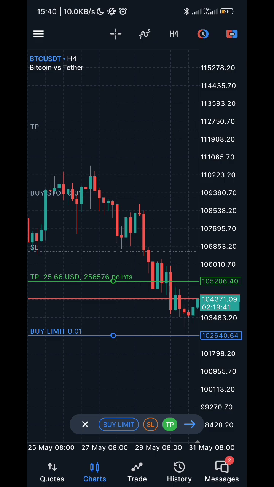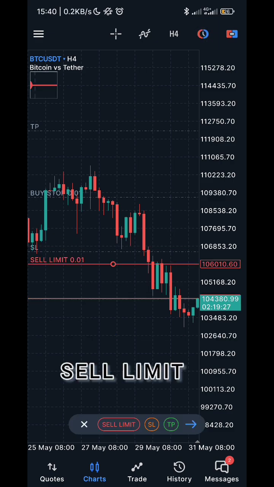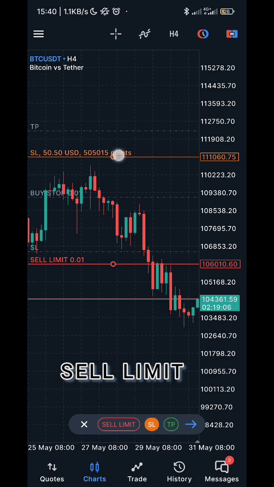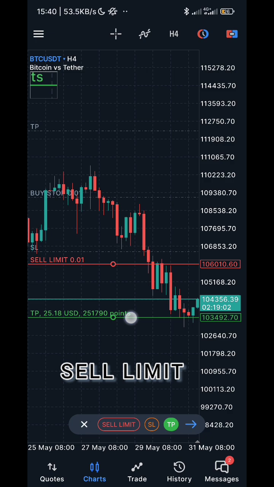Now, for a sell limit, click on this clock icon again. I'm expecting that this market that is buying currently, when it buys and hits my entry, which is supposed to be 106010, once it hits this entry, it will start selling and sell to this point, and I'll take my profits from here.